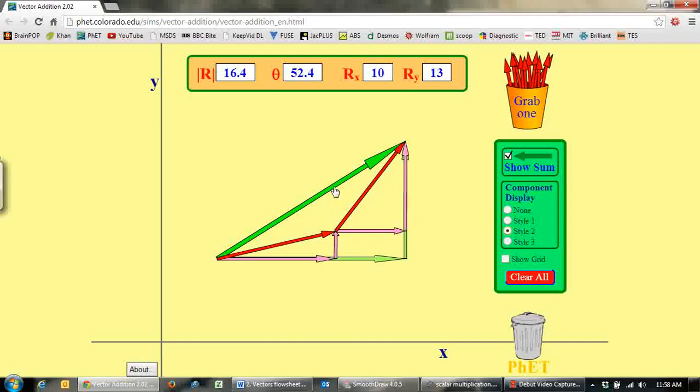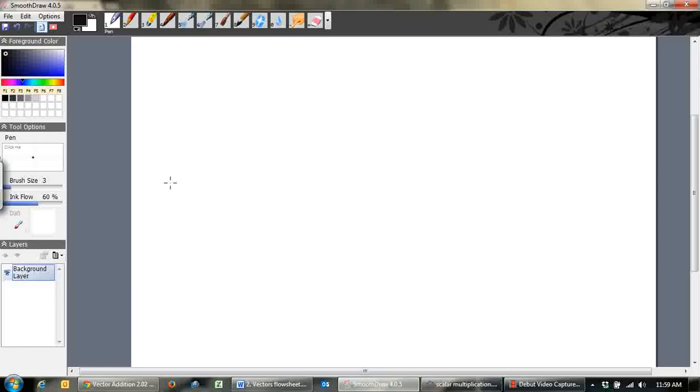And you can see that the sum of the vectors is purely just the sum of the x components of both, so this plus this, and the y component of the sum of the vectors is just the sum of the y components of the individual vectors, so this plus this. And so the way that we add vectors together is just by adding the components.